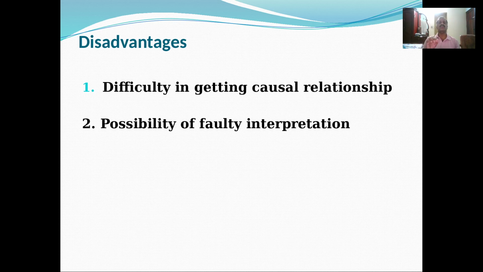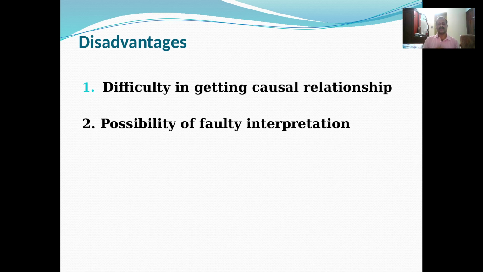The possibility of faulty interpretations is also there if the researcher is not skillful enough, such as novice researchers without adequate guidance, or if they have not collected the needed data, or some biases have occurred.